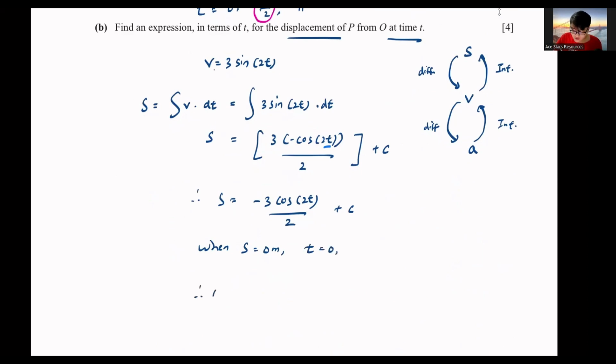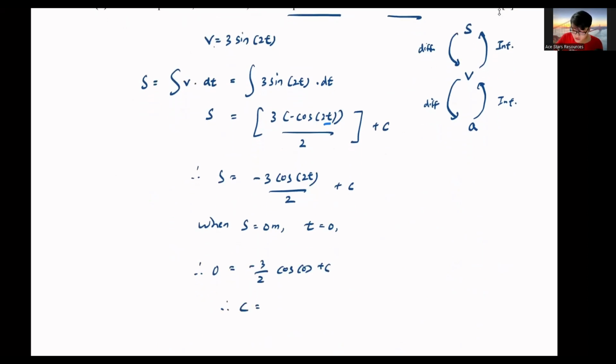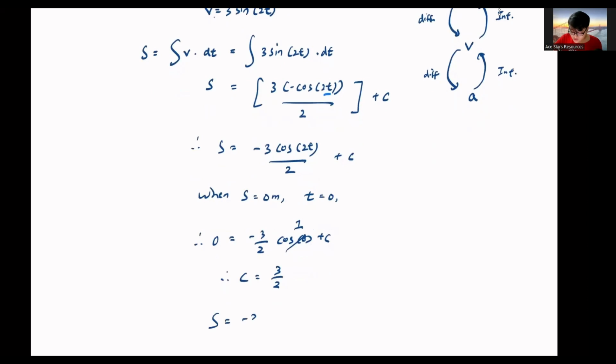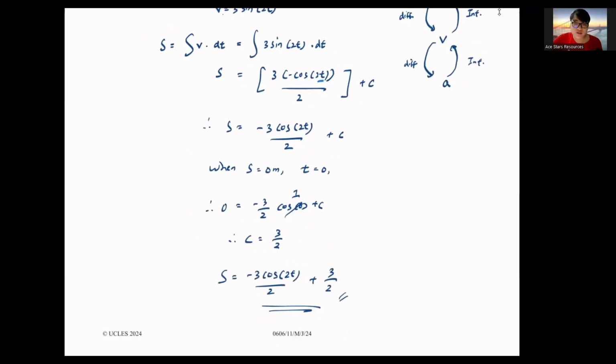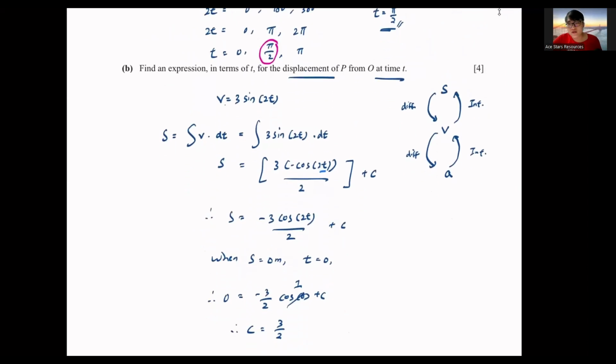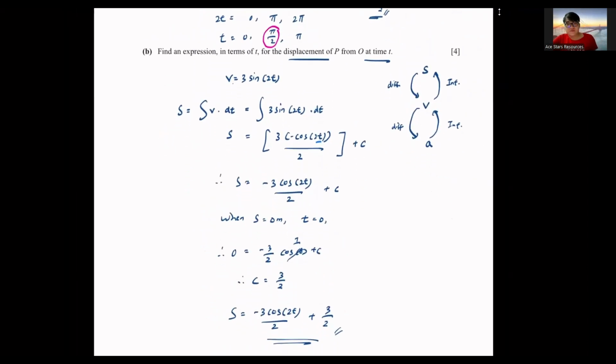Therefore 0 equals minus 3 over 2 cos 0 plus c, and cos 0 will be just 1 for sure, then our c will be 3 over 2, right? So s equals minus 3 cos 2t over 2 plus 3 over 2. That is our final answer. Okay, final expression that will get you 4 marks.